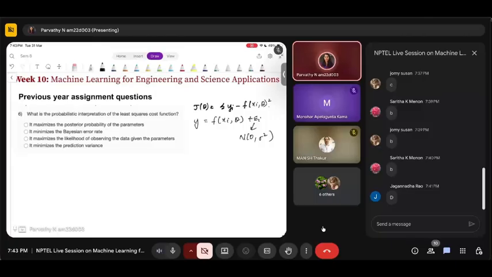So when we do the likelihood, which is the product of the probabilities, and then we take the log likelihood, and when we maximize the log likelihood with respect to theta, it will be equal to minimizing the sum of square error terms. That is this one.